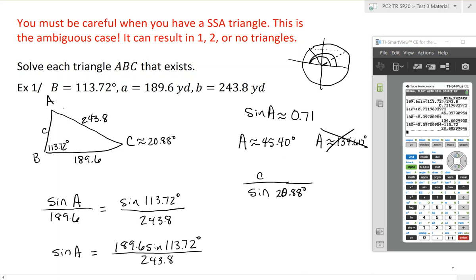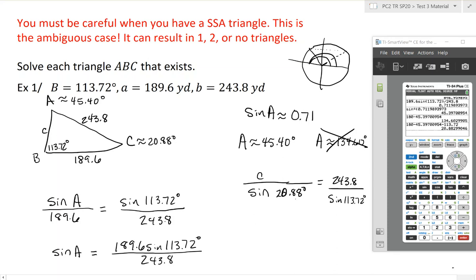20.88 degrees. My little a was 45.40 degrees. So we'll make this equal to the b that was given. That's the safest way to go to avoid round-off error. 243.8 over the sine of 113.72 degrees.